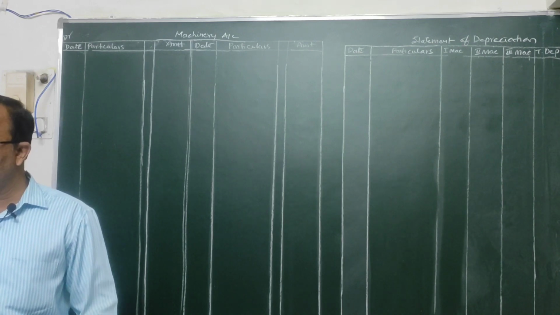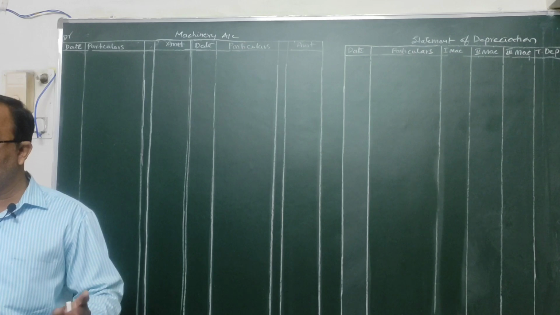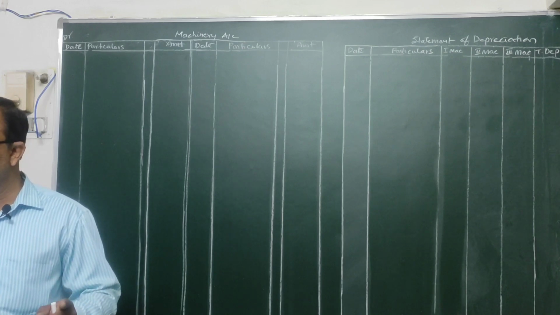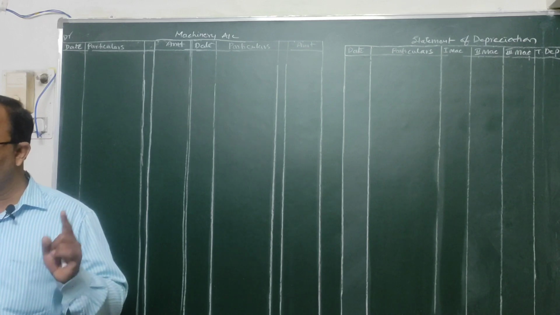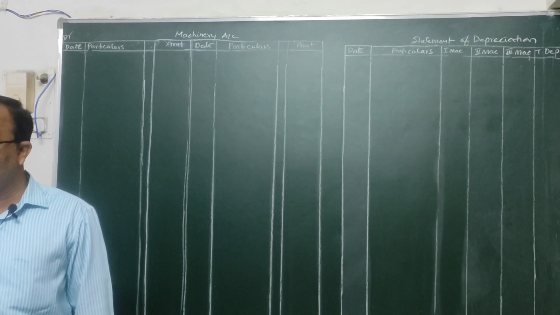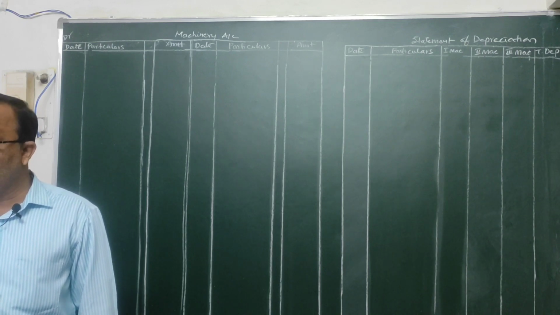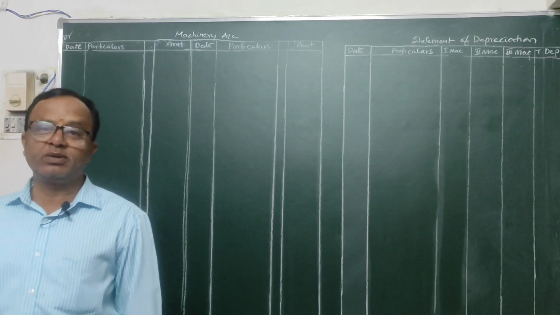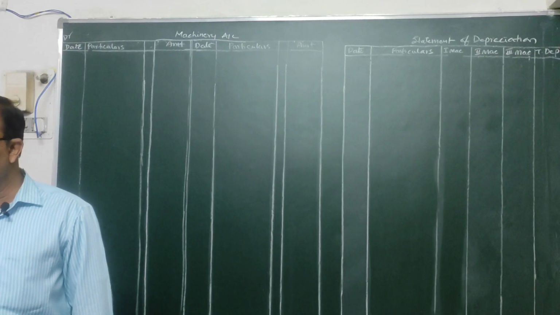That means for 80,000 he purchased and immediately spent 20,000 for installation. So this is the third machine. So how much did he spend? 80,000 plus 20,000 for installation, so totally 1 lakh. Show the machinery account charging depreciation at the rate of 10% per annum on written down value method for 4 years, he says. Assume that books are closed every year on 31st December. So January to December is his particular year there.